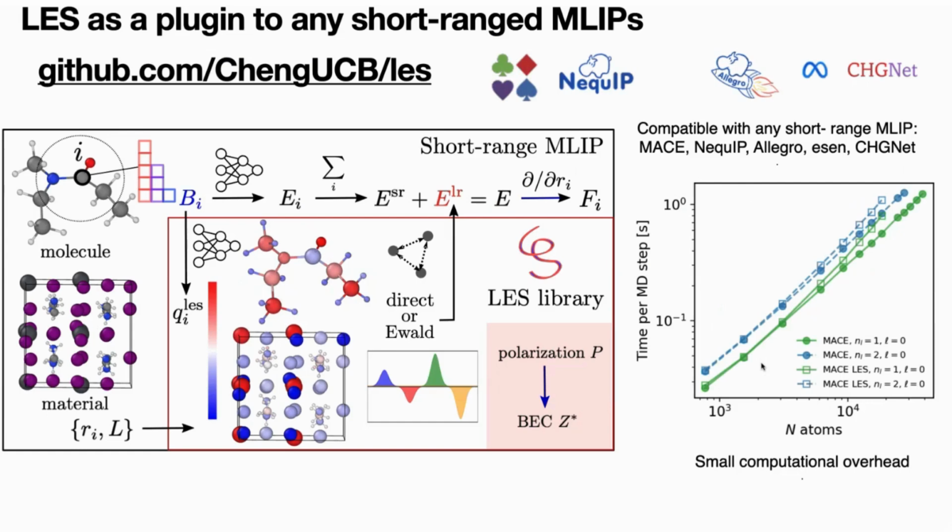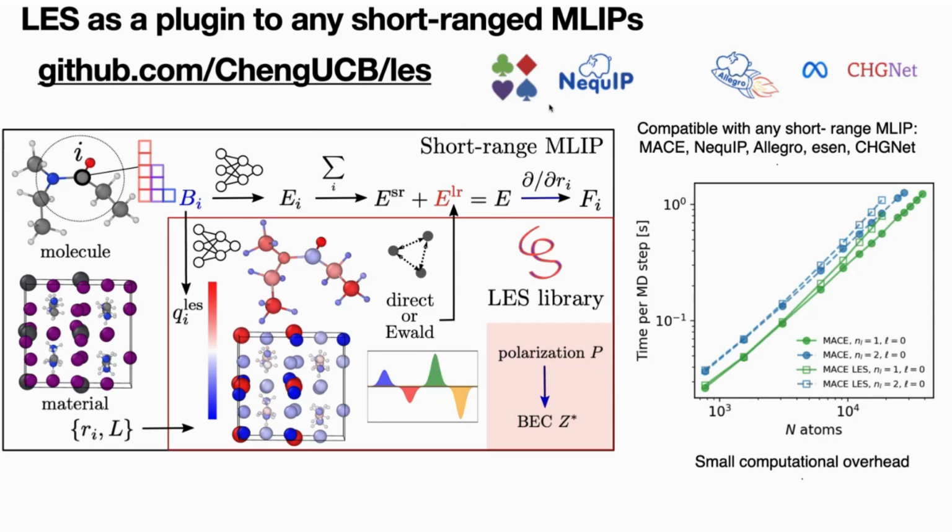Now, historically, we had implemented this only in our short-range machine learning potential case. Now we have also implemented it as a plugin that is compatible with any short-range machine learning potential. So we have actually already done the implementation of that for MACE, NequIP, Allegro, UMA, and ChargeNet.